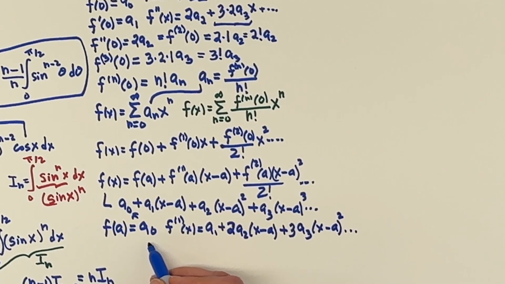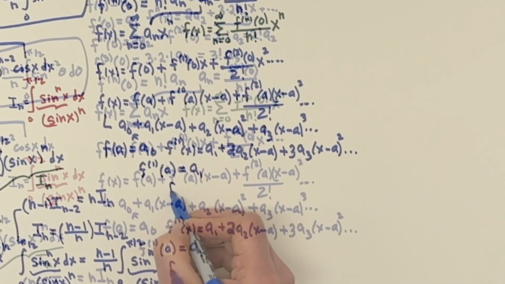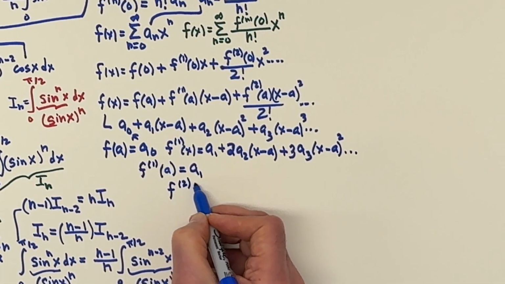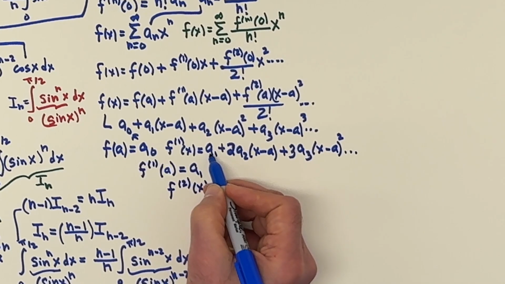Then here, if you were to look at the first derivative, you would get a1, everything else goes away. And then if you were to take another derivative, this would go away.